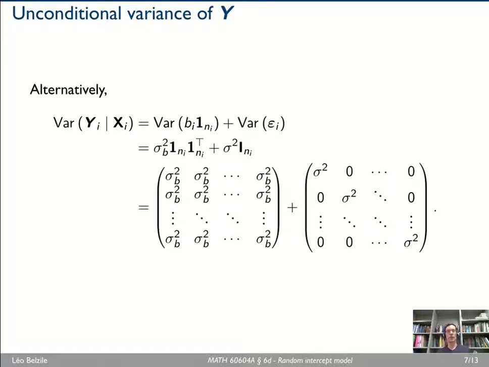And if you wanted rather to consider the full covariance matrix of group i, you could just write it down in matrix form. We had seen in a previous video the marginal variance of y, that was Z Omega Z transpose.